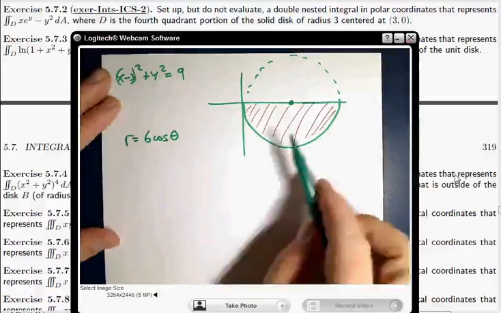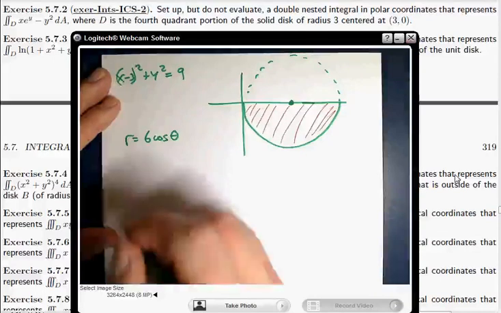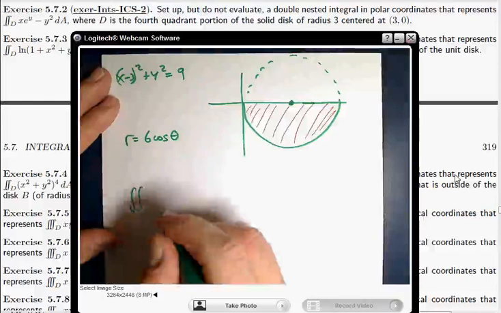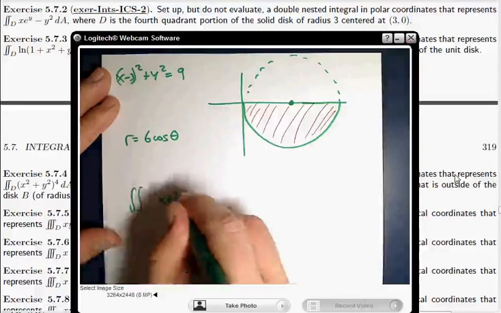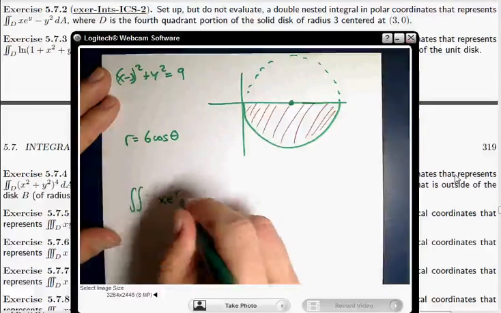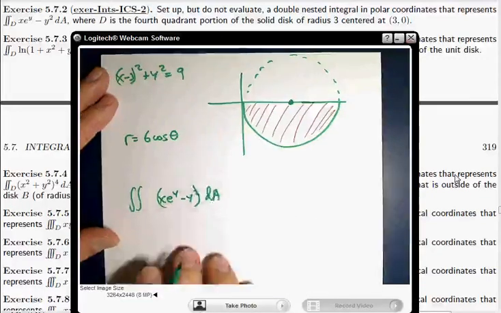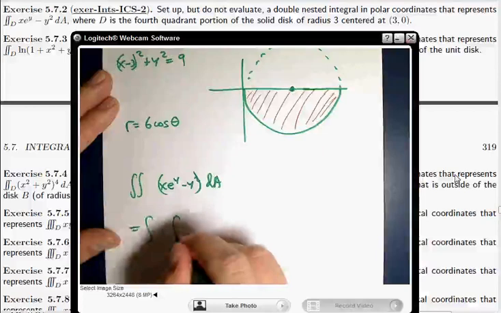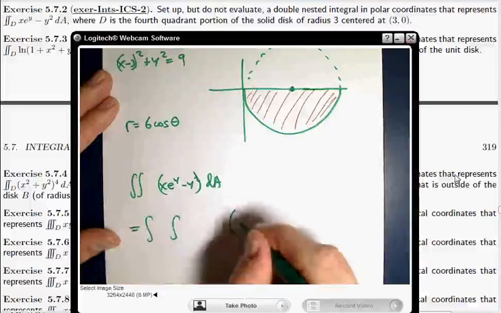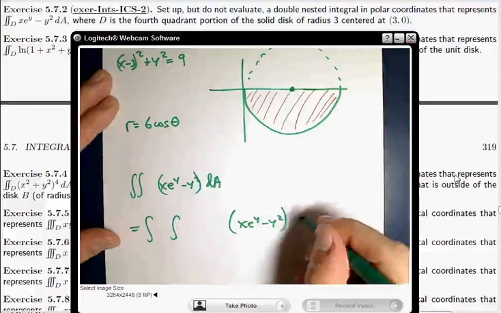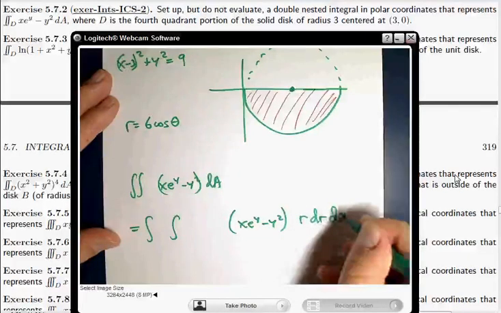So we're interested just in this part. We're looking at a double integral of some wacky function, x e^y. We'll worry about this later, but I want to worry about the bounds now. By the way, don't forget r dθ.